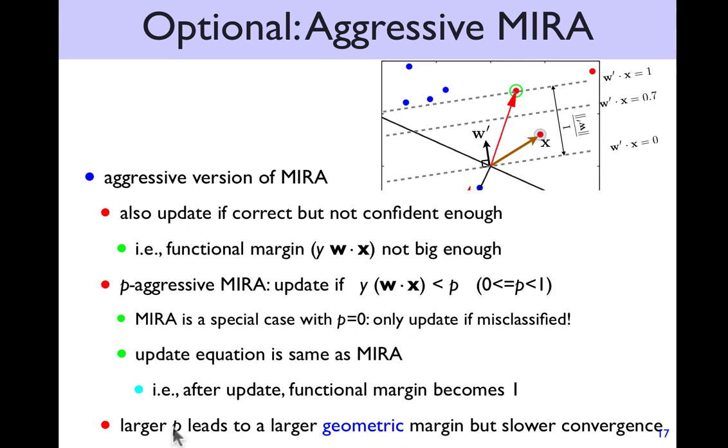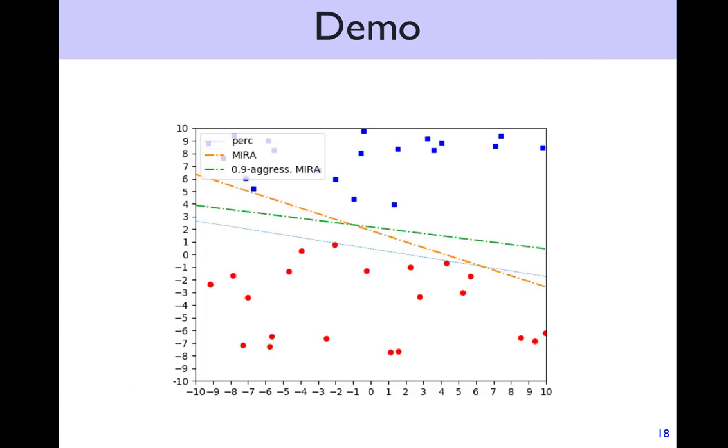Larger p leads to a larger geometric margin at the end, but much slower convergence. And you can see the demo here. This is the exact same demo that I wrote in Python. This is perceptron, which has a very small margin, almost touching these points.